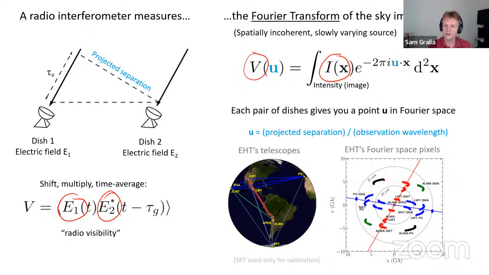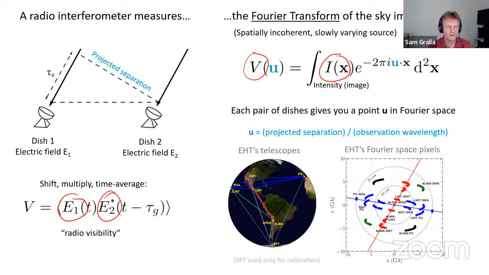And what EHT measures is a bunch of pixels in the Fourier transform. The pixels are determined by the telescopes. I'm going fast, so I'm not going to explain it. But here are the Fourier space pixels on the bottom right for the EHT array as reported in the original M87 papers. At each dot, they have the Fourier transform of the image.